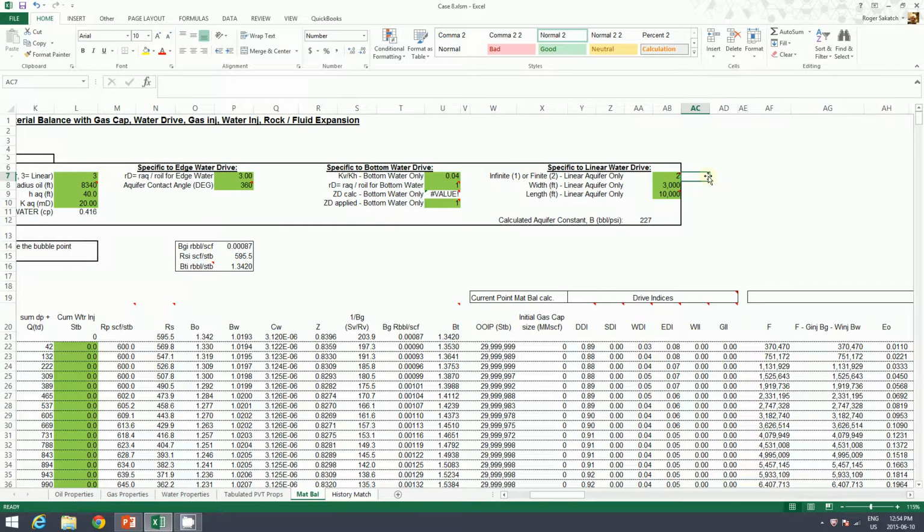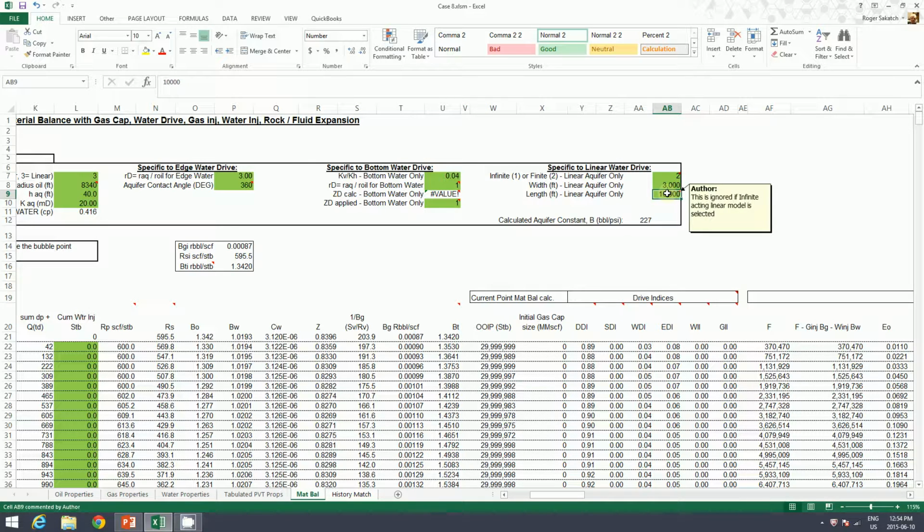Now, in the case of the material balance tab, I would recommend only using the finite situation where we have a 2 in this cell. Now, it is possible to model an infinite acting reservoir, but in the case of the material balance tab, in order to make things work more effectively with the analysis, I would recommend always having a 2 in here.